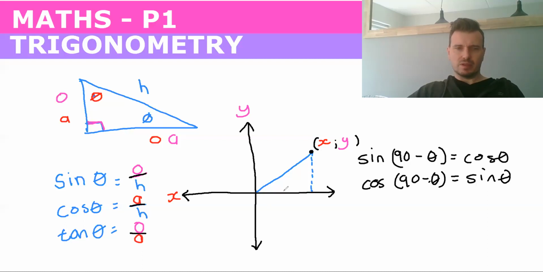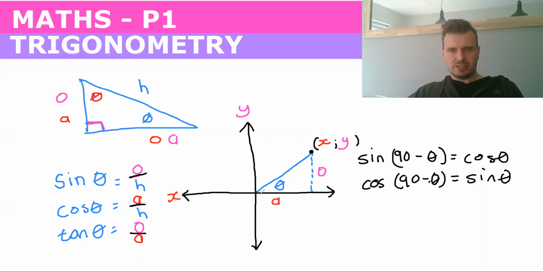And we could think of this triangle as having an angle theta here. So in this, we see that the opposite is over here, and the adjacent is over here.